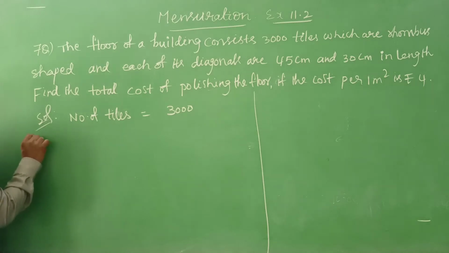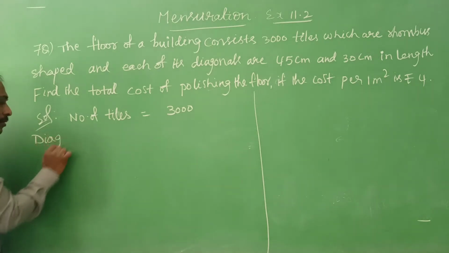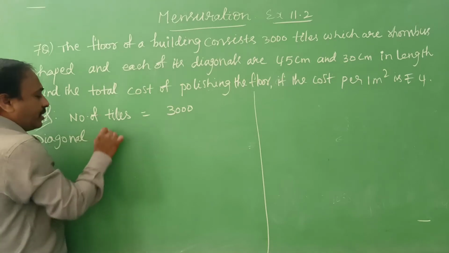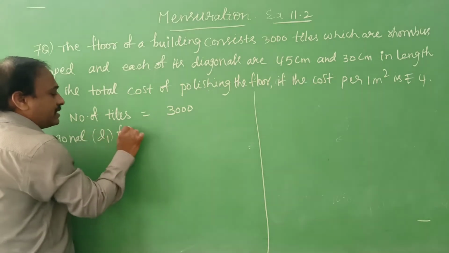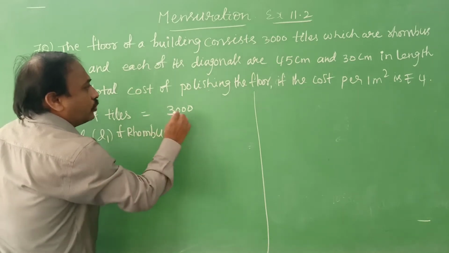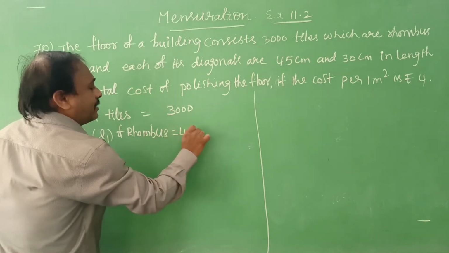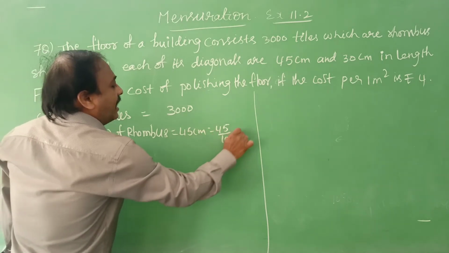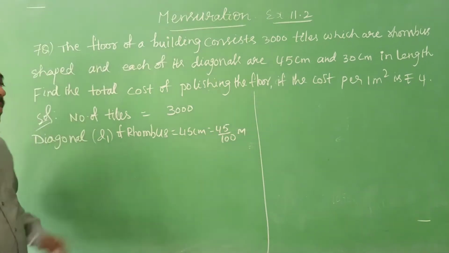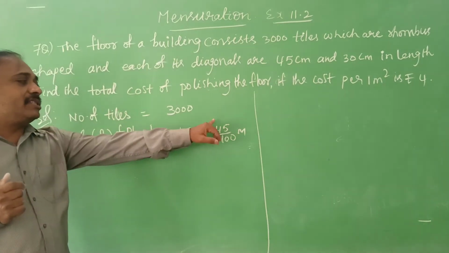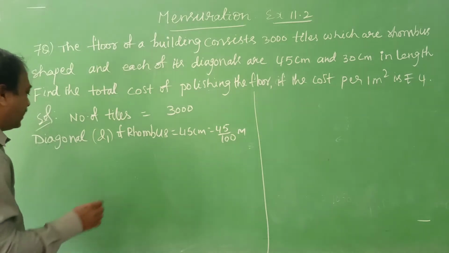So diagonal D1 of the rhombus is equal to 45 centimeter. That can be written as 45 by 100 meters, because 1 centimeter is equal to 1 by 100 meters.